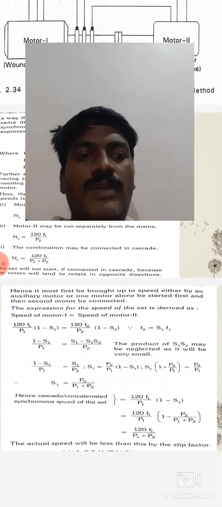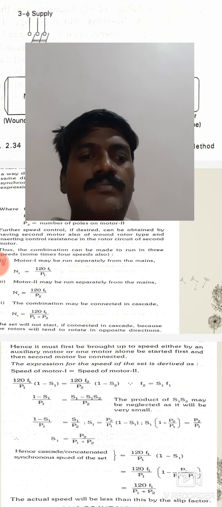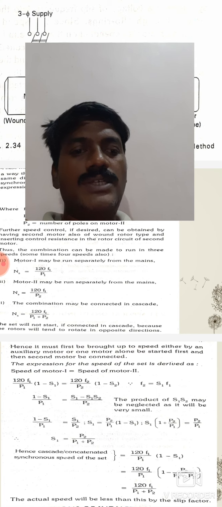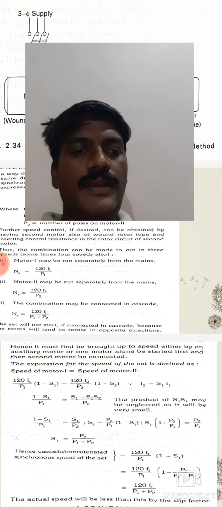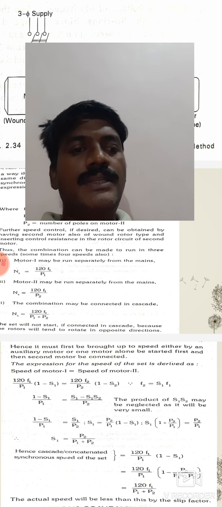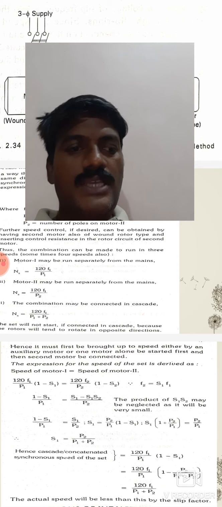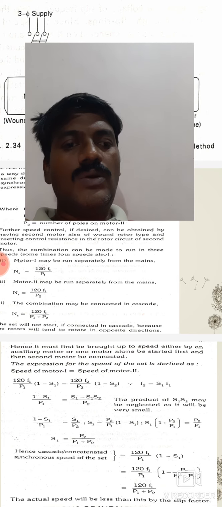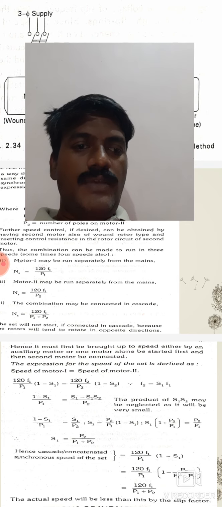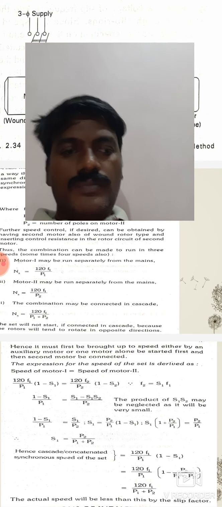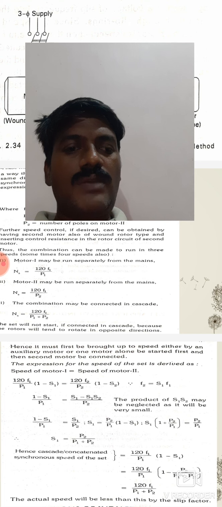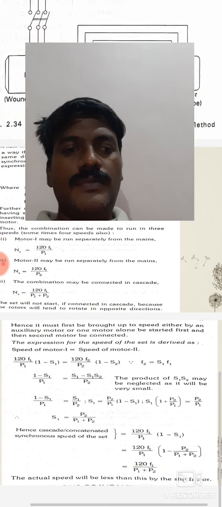So from this, by cross multiplication and simplification, the 120s cancel out, right? And F2 is replaced by S1 into F1, and F1 also cancels out. Then (1 minus S1) by P1 is equal to (1 minus S2) into S1 by P2, right?